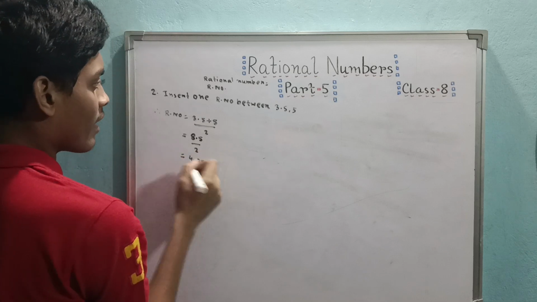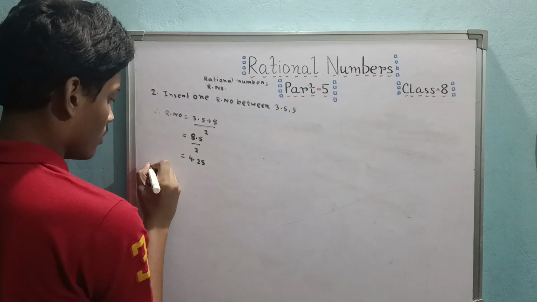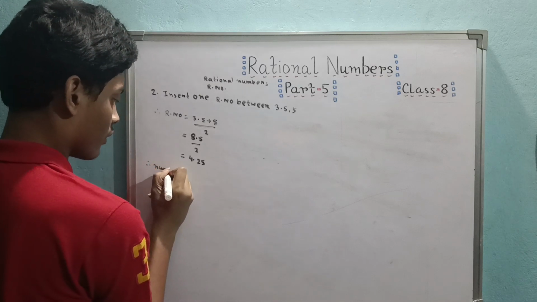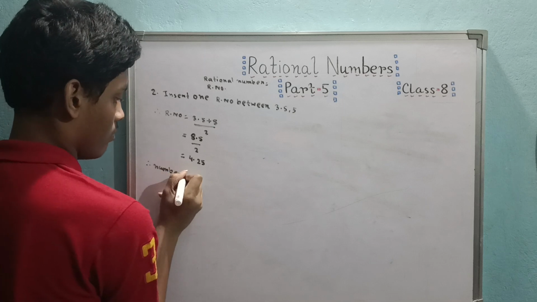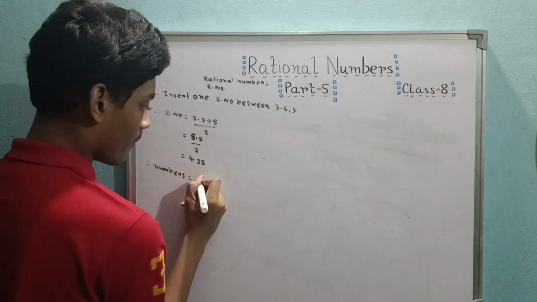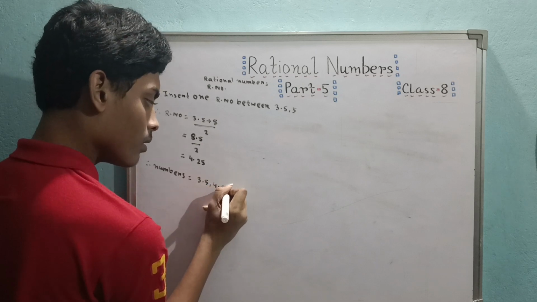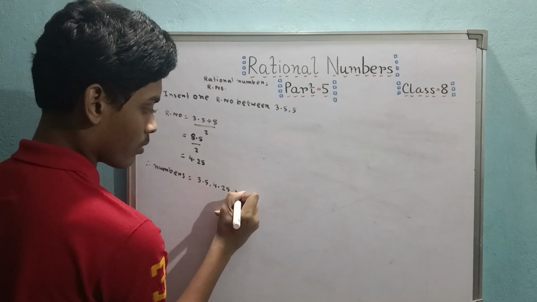So that is the required rational number. Therefore the numbers now are 3.5, comma, 4.25, comma, 5.